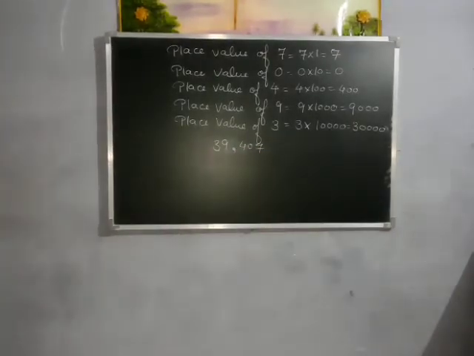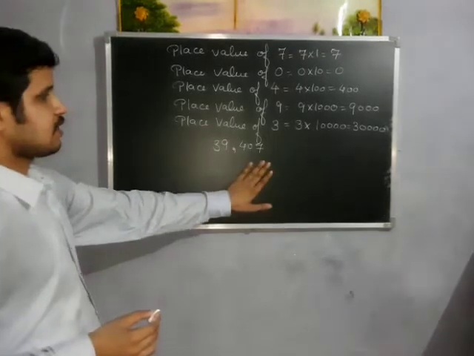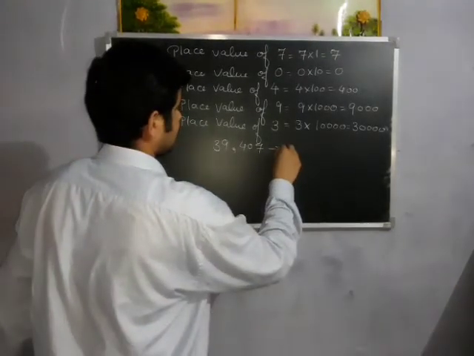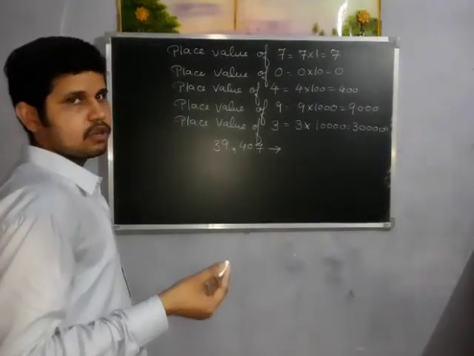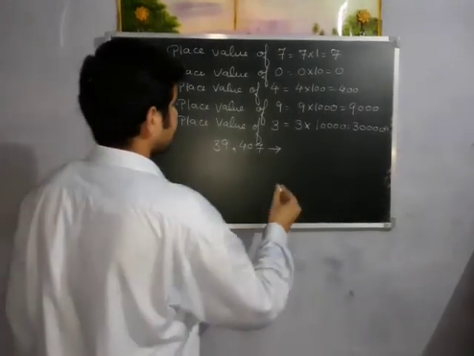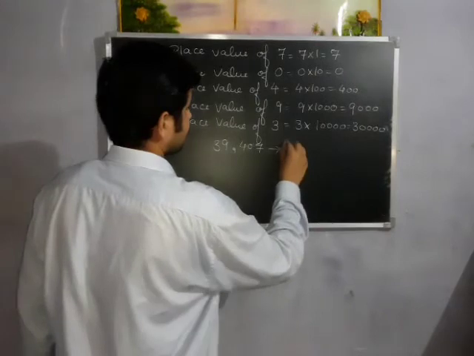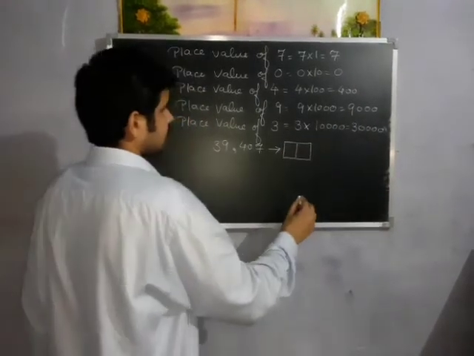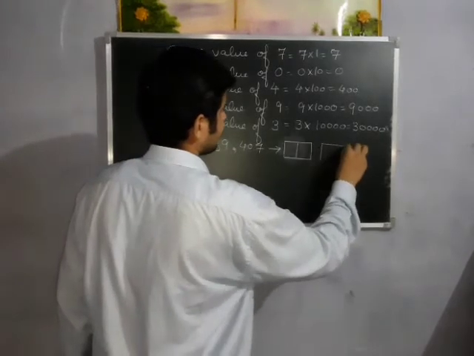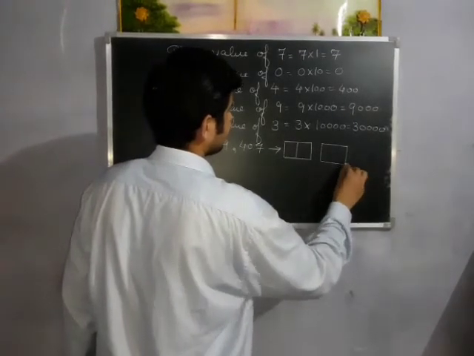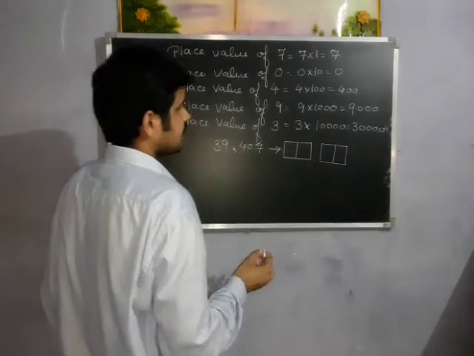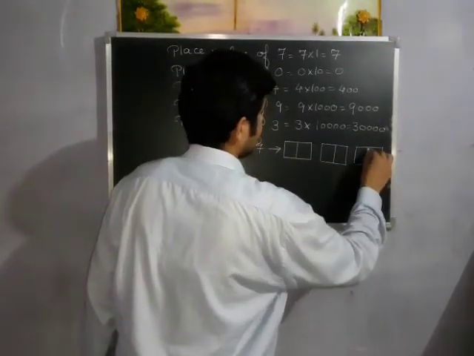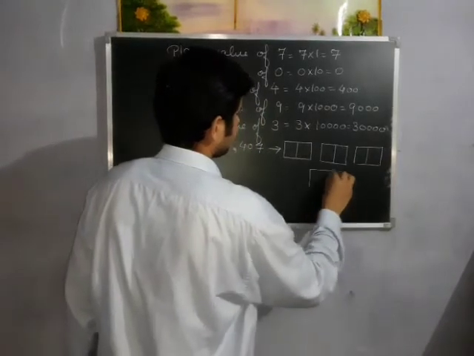But before expanding this number, we will make its periods block, according to the Indian place value system. In the Indian place value system, there are 4 periods: ones period, thousands period, lakhs period, and crores period.